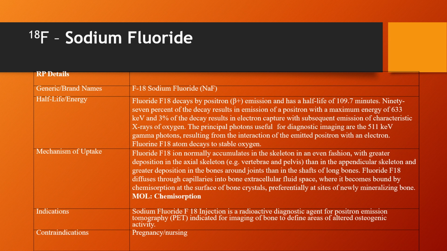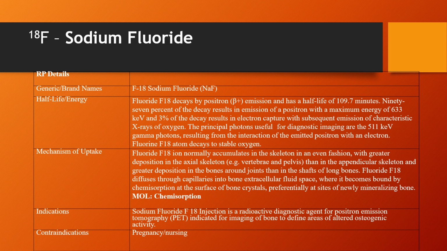The mechanism of uptake or mechanism of action for this one is it normally accumulates in the skeleton in an even fashion with greater deposition in the axial skeleton, like the vertebrae and the pelvis, than in the appendicular skeleton, which would be the bones around the joints, the arms, the legs. Now, fluoride F18 diffuses through the capillaries.